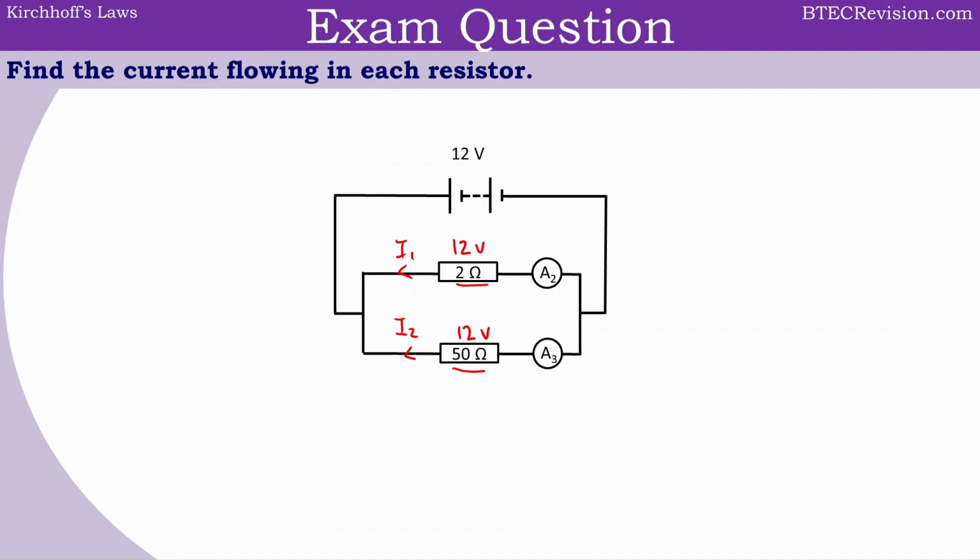So if you remember from a previous lesson about voltage and current, they're directly proportional to each other. So V equals I times a constant, which happens to be the resistance.